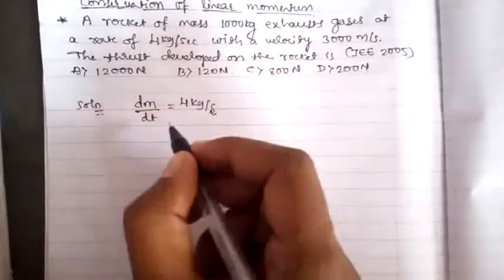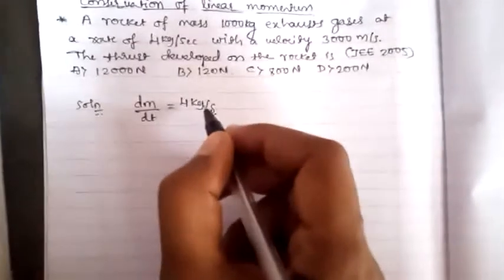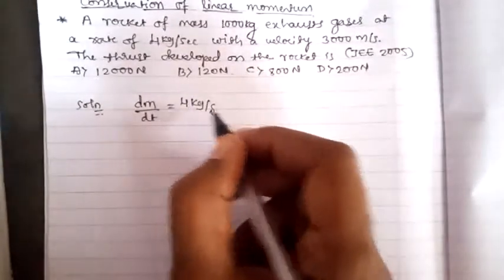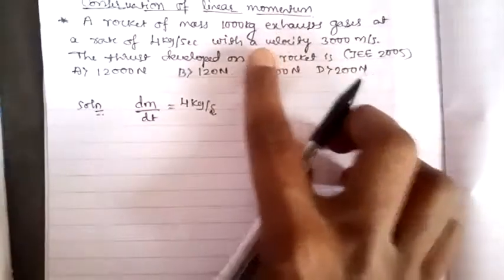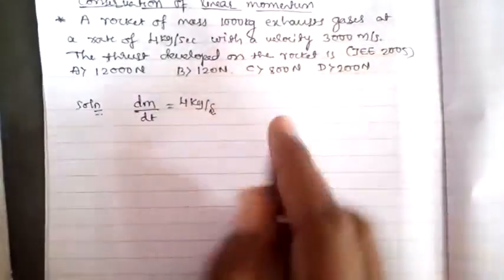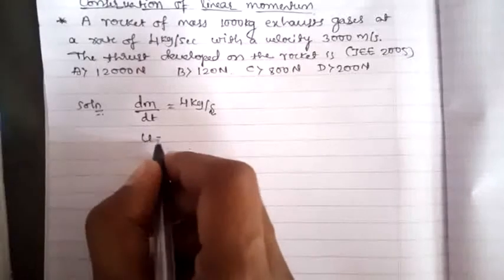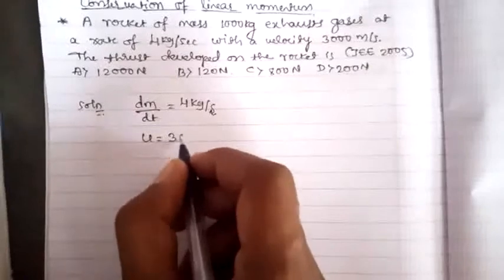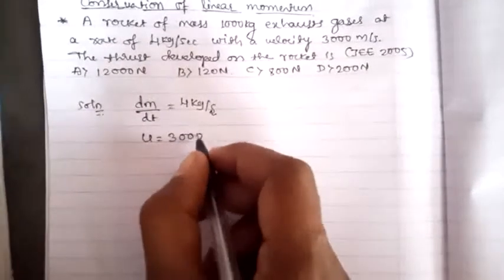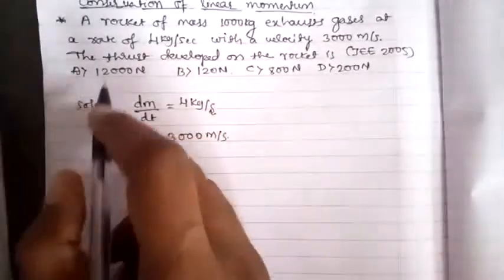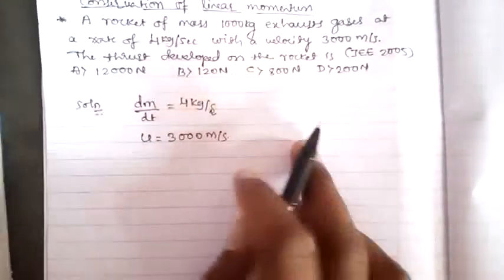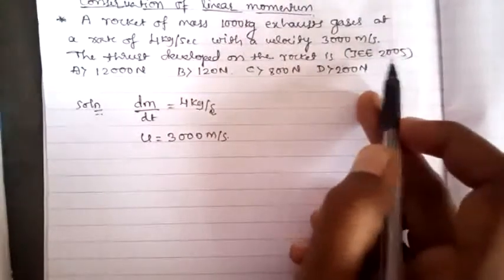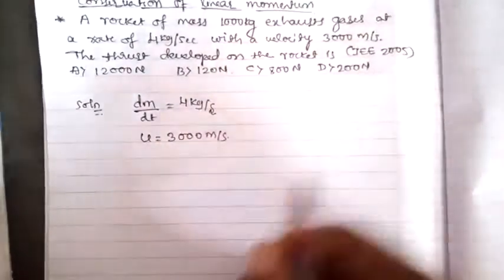So listen here, per second how much mass is burning, that is 4 kg per second, and with a velocity of 3000 meter per second. So what is the velocity here? The velocity of the exhaust gas is 3000 meter per second. The thrust developed on the rocket is, thrust means the upward force acting on the rocket, and this question was asked in JEE in 2005.